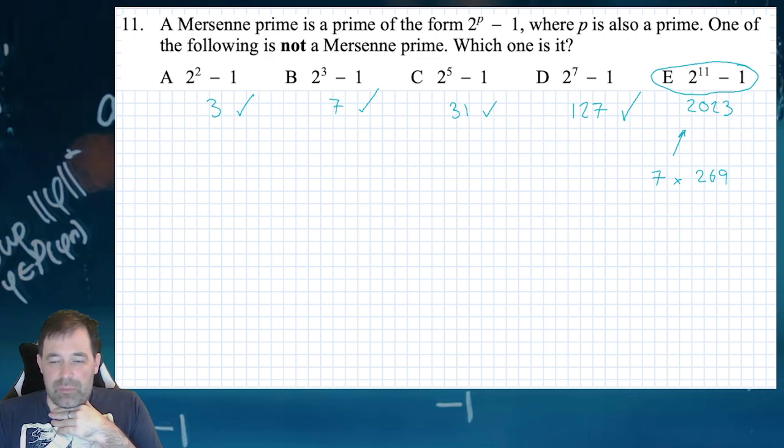I might be wrong with my multiplication there, but I'm close. 7 times 27 is 189. I might be wrong with my... No, it's not 6, is it? It's going to be 8, 289, there we go.